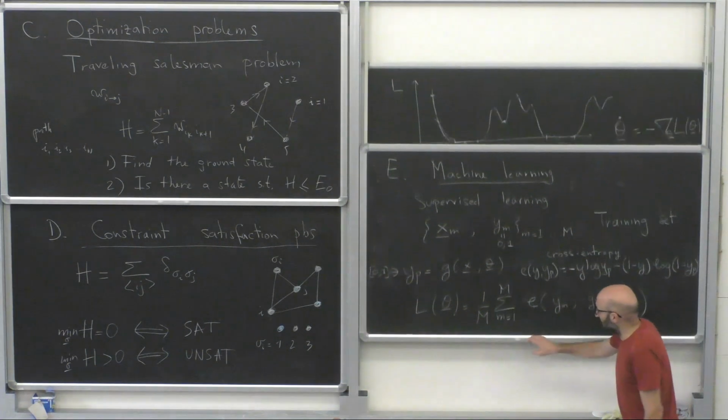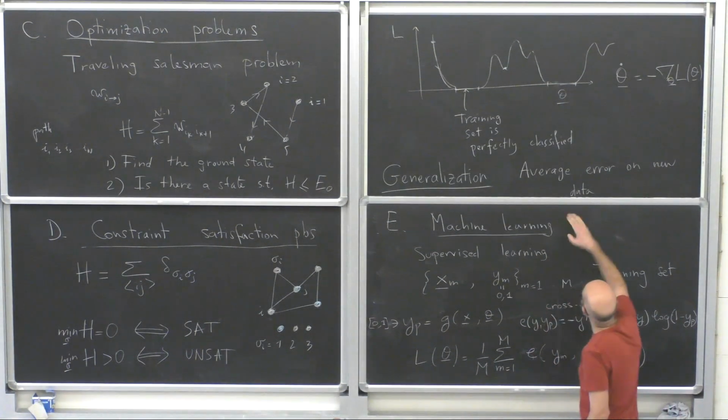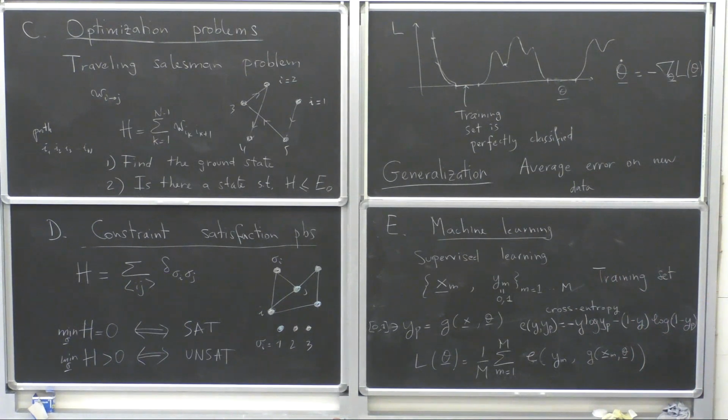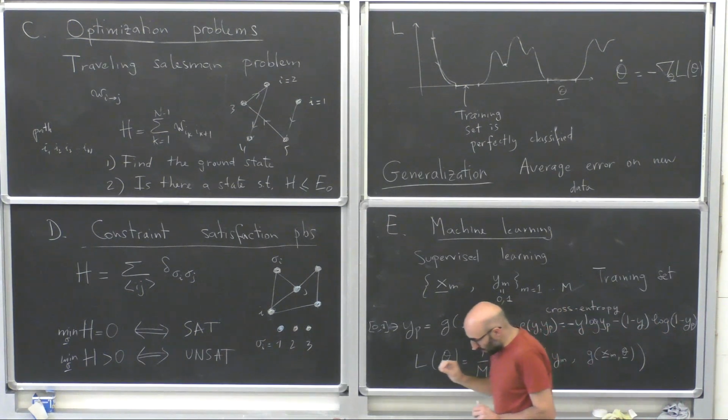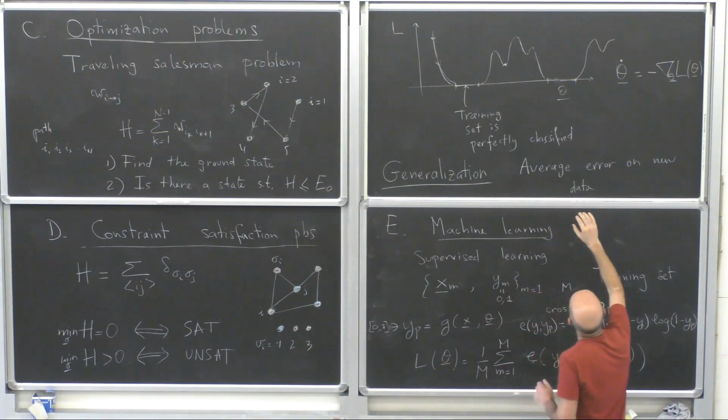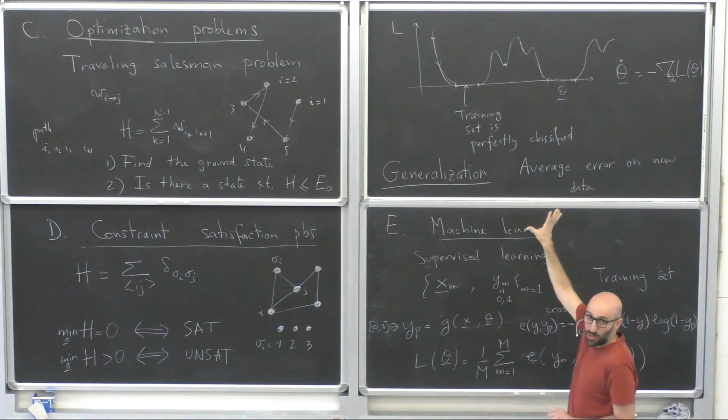I'm not going to give you the mathematical definition, but I think you can guess it. Now this is a new ingredient because it's not something that is a priori contained in the loss landscape.